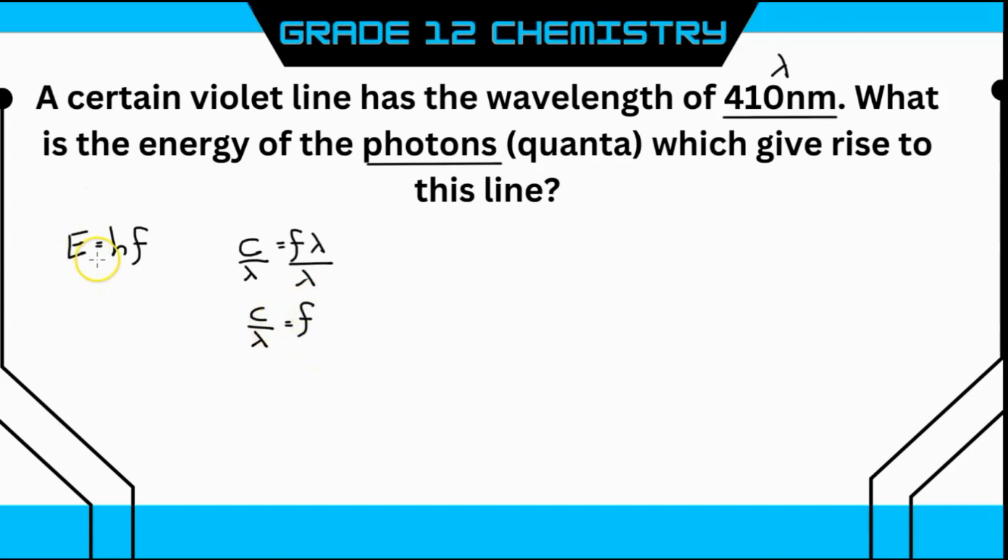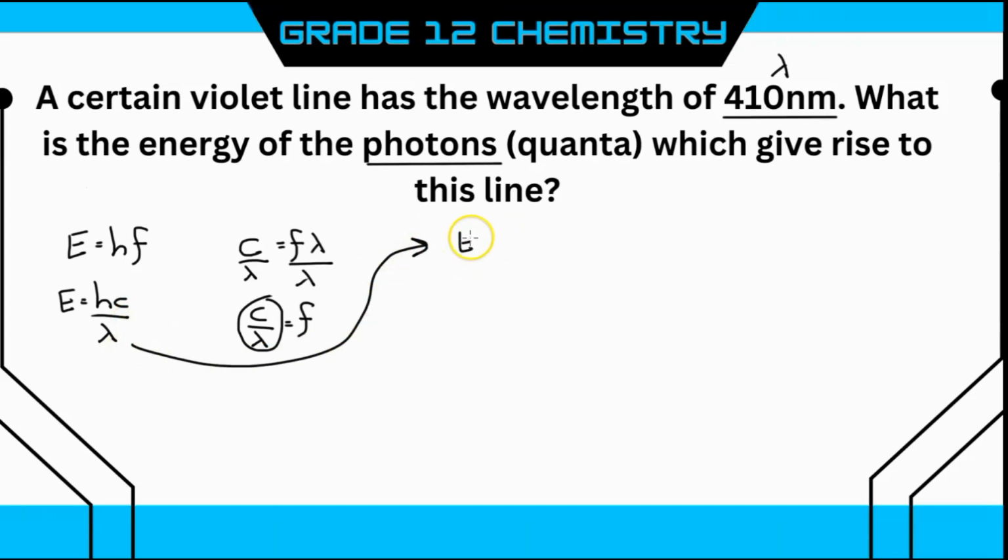Knowing that, I can rewrite this as E equals Planck's constant, and instead of frequency, I'm going to write c over lambda. So hc over lambda. Now I can calculate this. Let me calculate it over here where I have some more space.